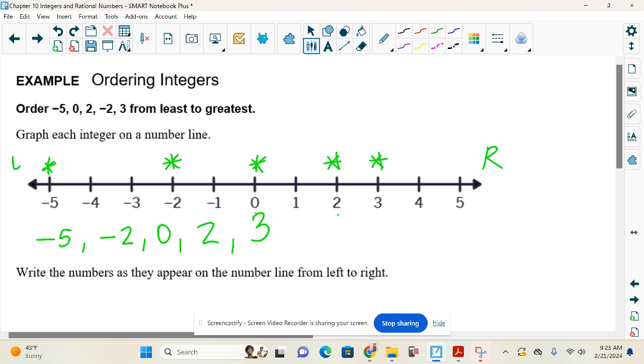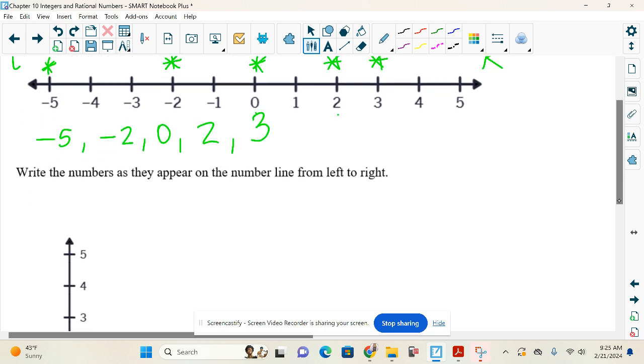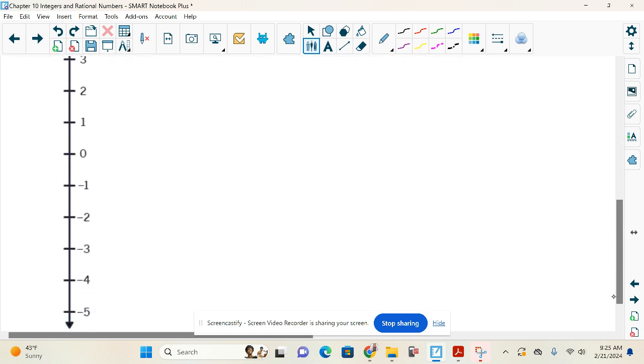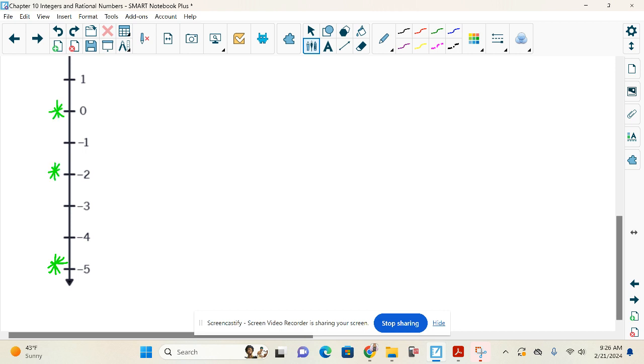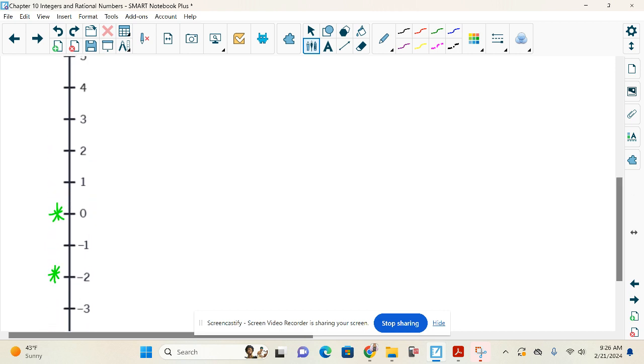So that's using a horizontal number line. You can do the same thing with a vertical number line. We can still plot -5, 0, -2, +2, and 3. But if I'm graphing from least to greatest, am I going to start at the top or at the bottom? The bottom, because the least is going to be lower.